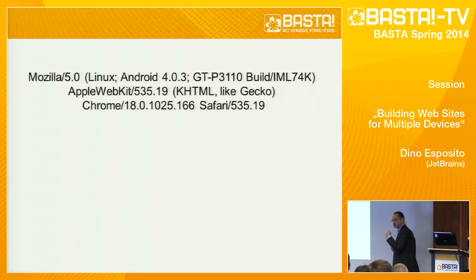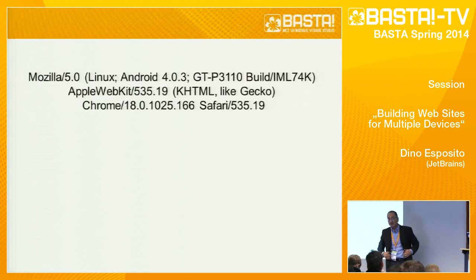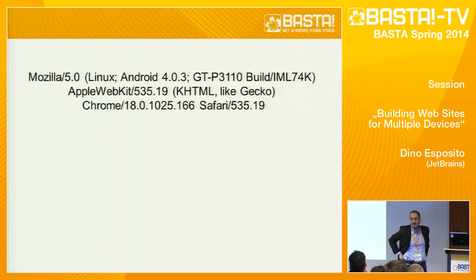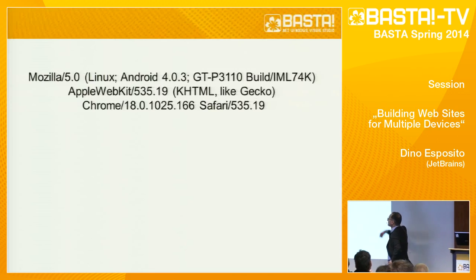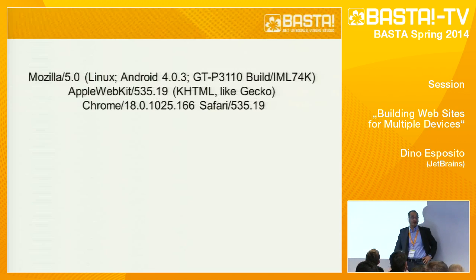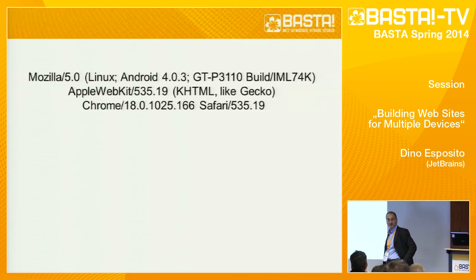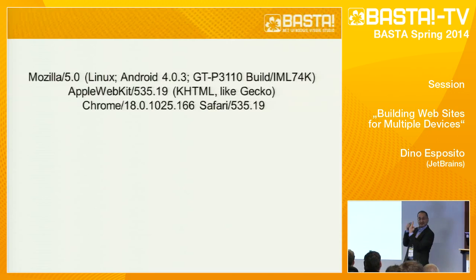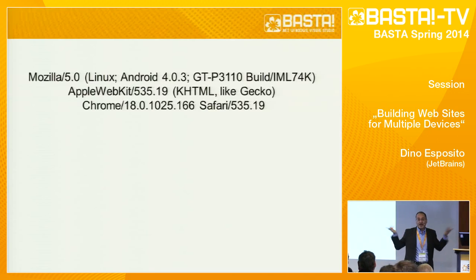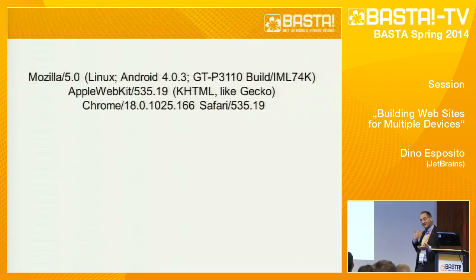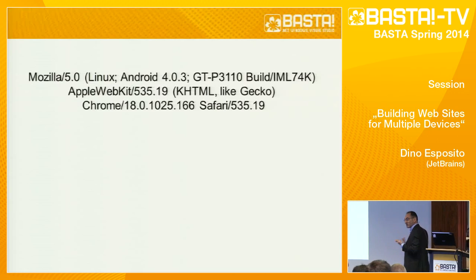A better way to do it. But if you want to focus on Android, just the fact that you find Android in a user agent means nothing. An Android could be a tablet like this, which is a Galaxy Tab. Or it could be my daughter's mobile phone, something like this. It could be everything. So it depends on what your goal is.